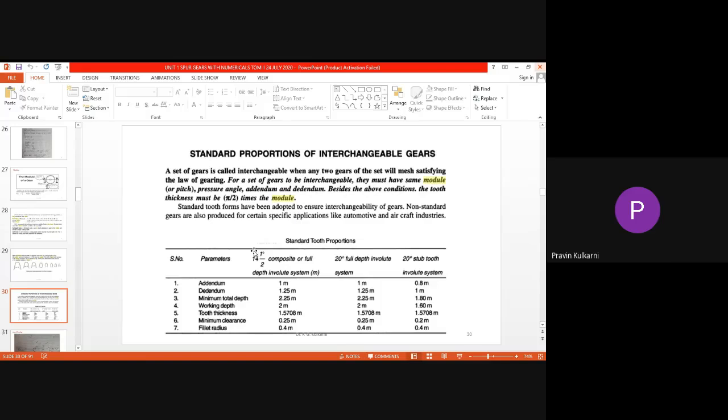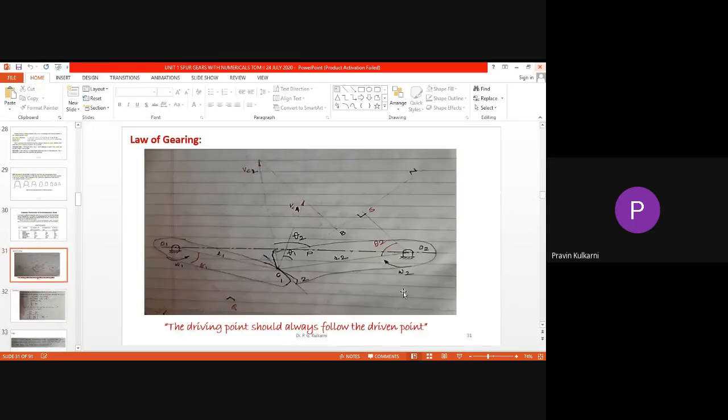These are the standard proportions of gears. Already we have designed spur and helical gears in DME 2, so this might have been discussed with you in DME 2 also. The driving point should always follow the driven point. This is what the law of gearing says, because this is a case of two rigid bodies.